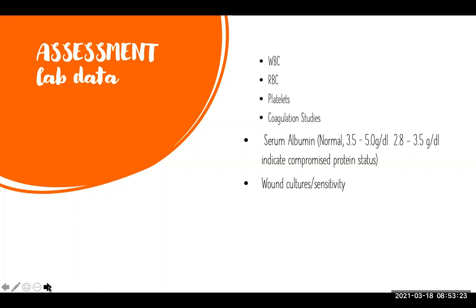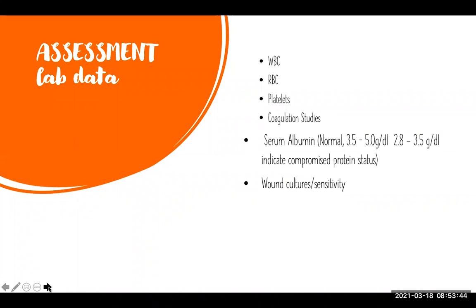Albumin levels. Albumin is a protein, and it's one of the markers of nutritional status that we look for. When your albumin level is low, it can indicate the person is malnourished, with poor protein and poor nutrition status.